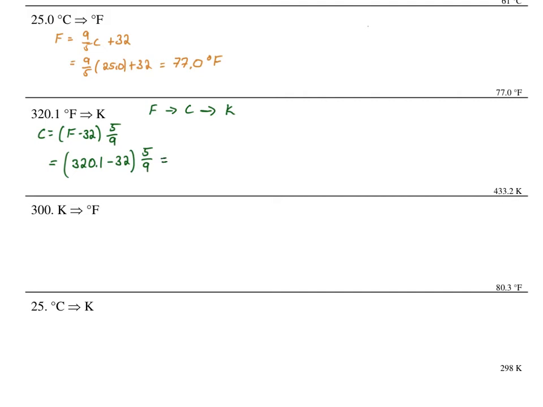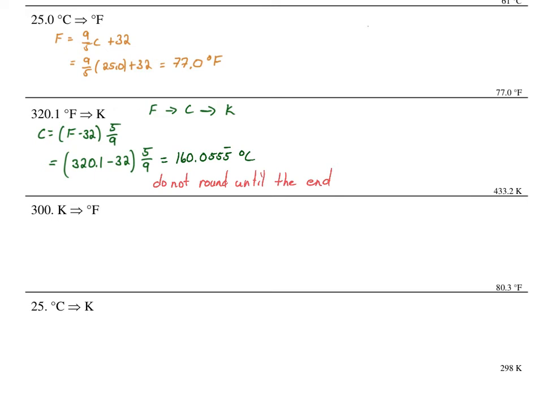So if we do that in our calculator, we end up with a value of 160.0555, repeating, and that's degrees C. I reminded myself that we do not round any of these problems until we get to the end.